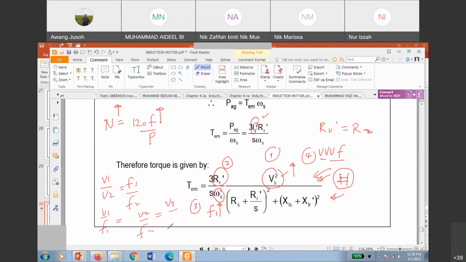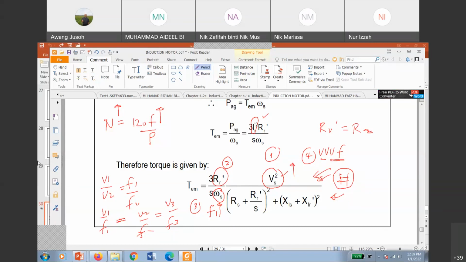Whatever you change the voltage, the frequency must be changed, so that the ratio V over F is constant at all times. There's a reason behind that. This is the 4th method, and it is very famous in induction motor speed control, where they control both voltage and frequency. So that's the best method to control the speed of an induction motor. They call it the constant V over F method.